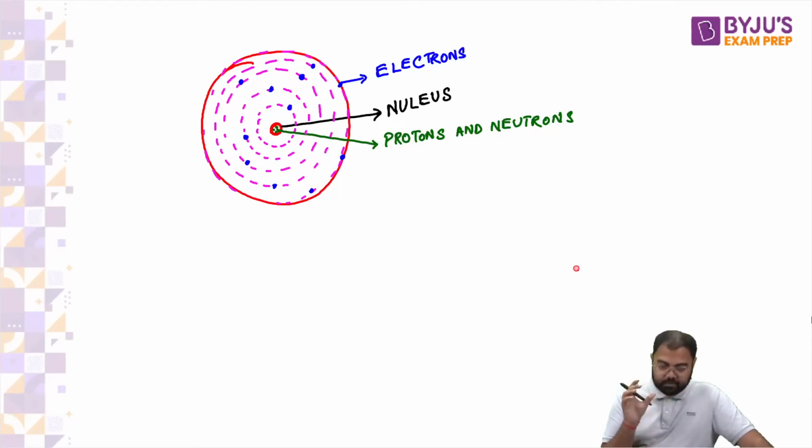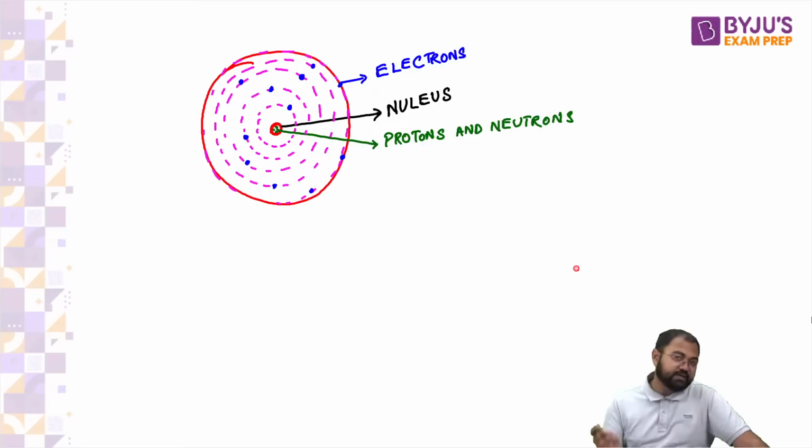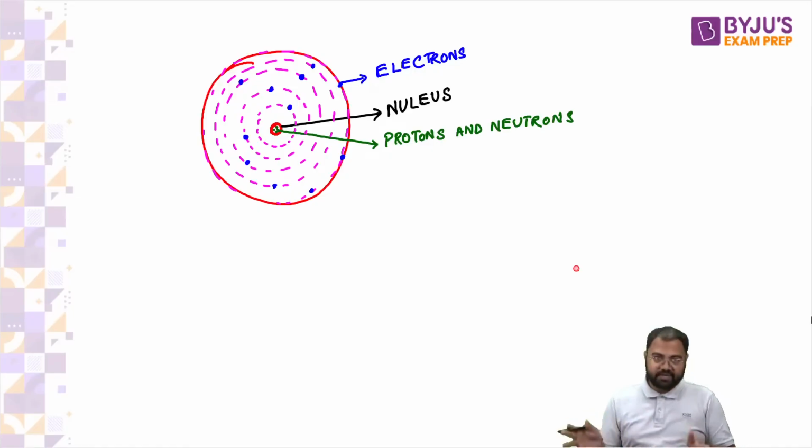Now, this nucleus that we have inside this atom has protons and neutrons. What we know is that electrons have negative charge, protons have positive charge, and neutrons do not have any charge, they are neutral. That's why this is being derived from there.